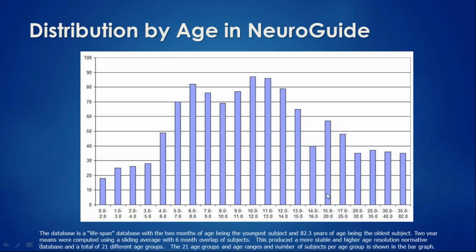The reason for this is that it's meant to be a lifespan database, where we know that as you age from being a small child, your brain is undergoing rapid changes in development. And so that's why they needed a lot of samples for these younger population groups, because your brain when you're 5 is different from your brain when you're 7 or 8, and that's different from a brain who's 13, and so on. So there's definitely a strong favoring of the younger individuals. There's a general assumption we have that once you hit about 20 all the way up to 82, your brain is not radically changing that much, hence why that takes a smaller category of ages.